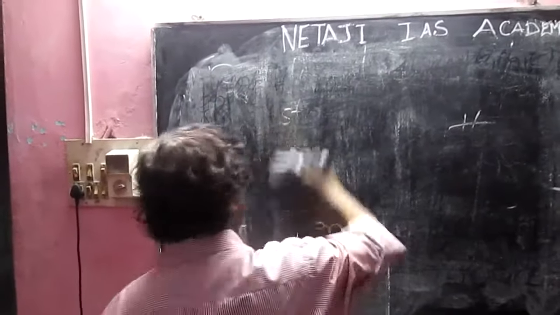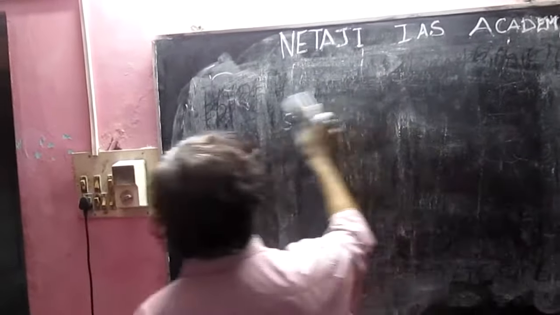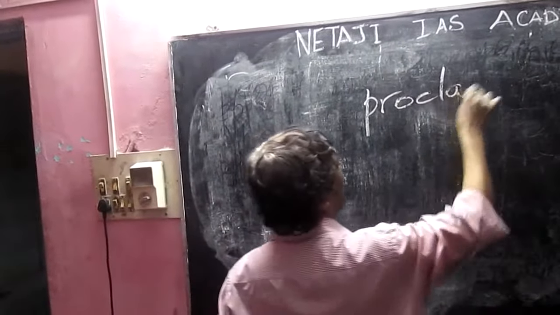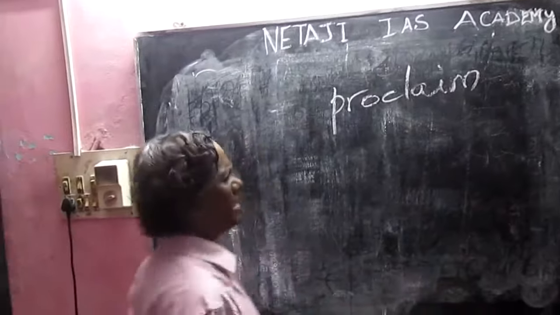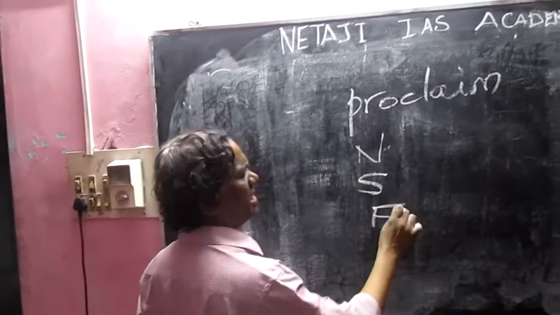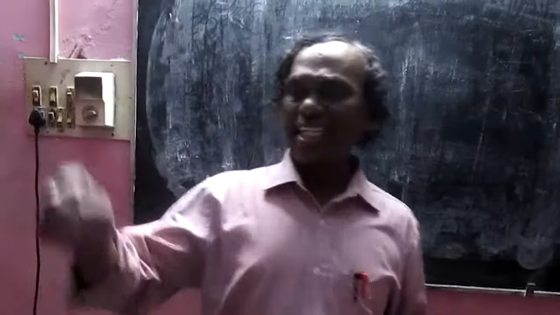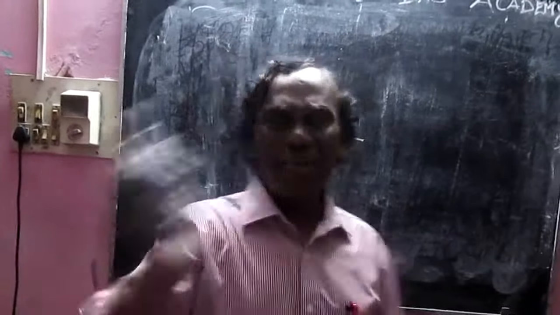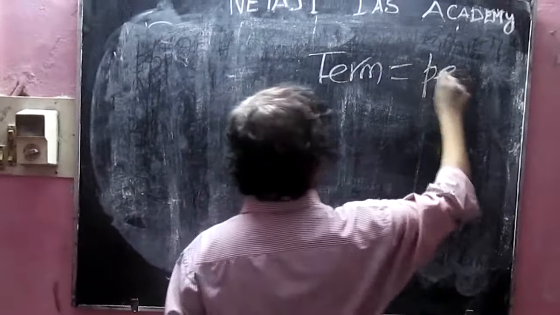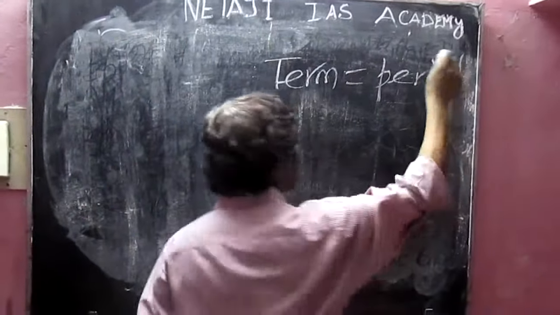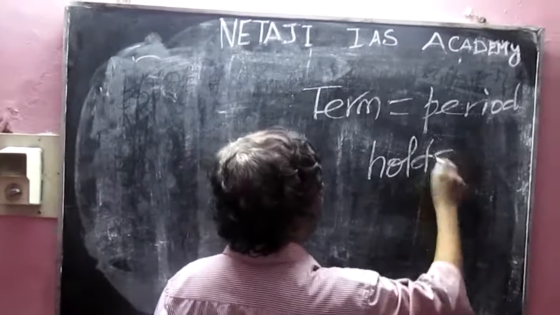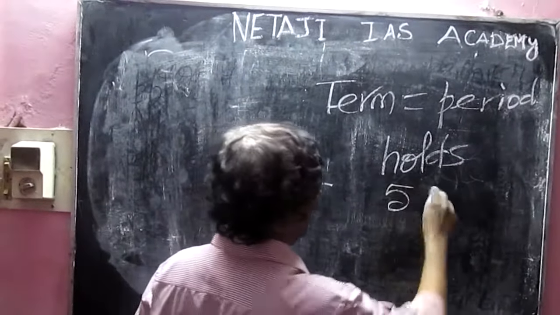The President can proclaim national emergency, state emergency. Friends, put a title. Term of the President. Term means period of office. The President holds office for 5 years.